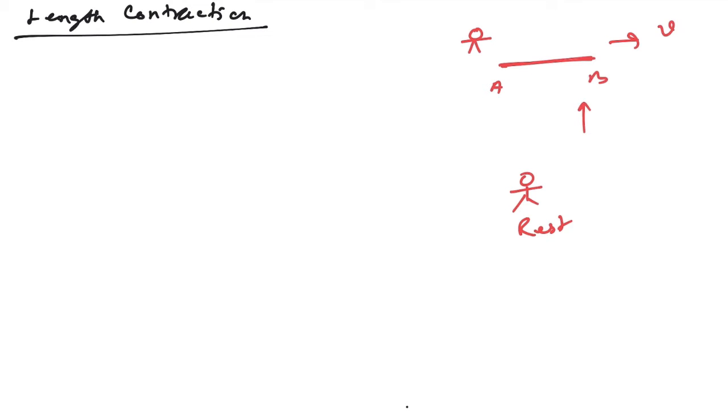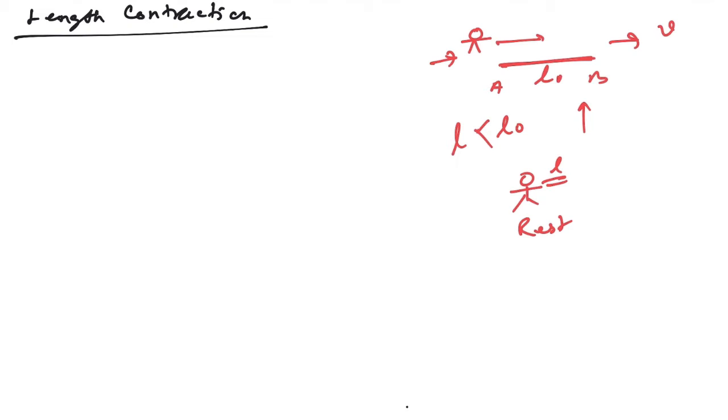Then the length observed by the observer at rest is L, and the length observed by the observer moving with the object is L naught. In that case, this L will be shorter than L naught. That is what we call length contraction.